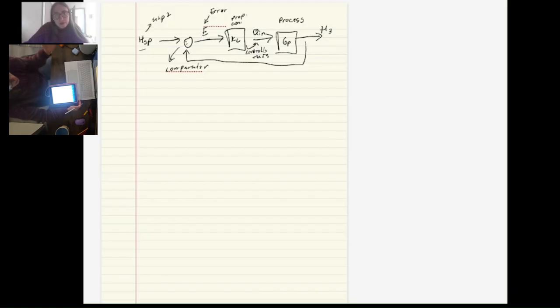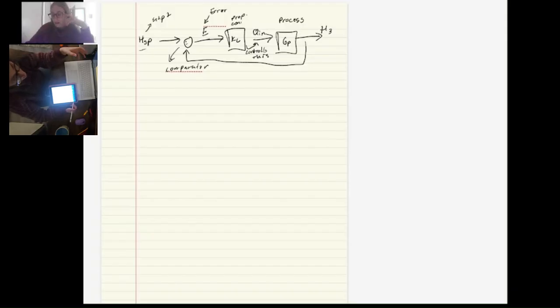And that error is going to affect our proportional controller of KC. That is going to control our Qn. And then we have GP, which is our whole process, so it's going to be condensed into one term. That is a process control. So then it's going to put out an H3.